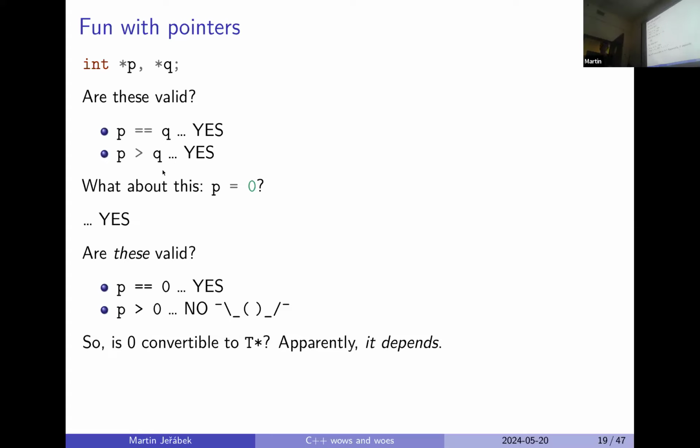I object to this answer, p equal to 0. There are some variadic functions which can be called with a sentinel attribute, and this attribute ensures at compile time that the last parameter of the function is null.